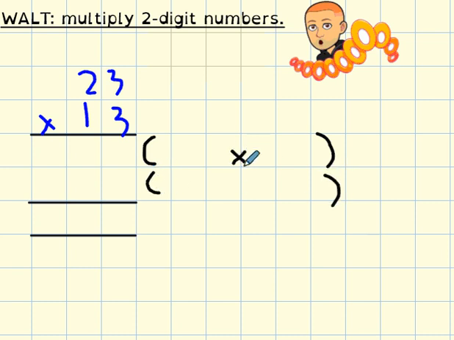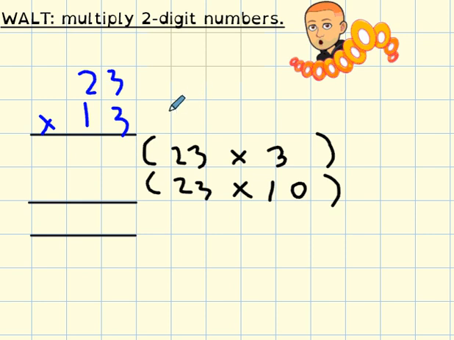So I'm doing 23, and I'm going to multiply 23 by 3 to start with. And my answer will go there for that. And then I'm going to do 23 times 10 underneath that, because I've partitioned 13 into 10 and 3.